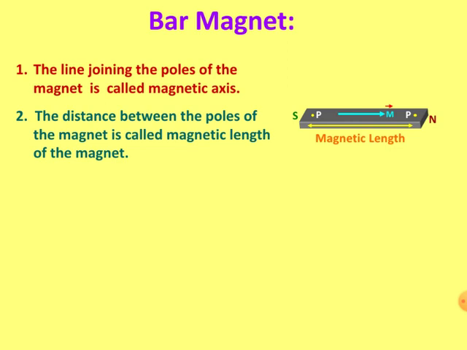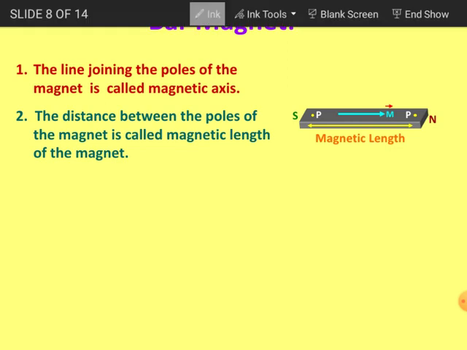Just like that of the circular current loop, your bar magnet also has its own strength, and we call that strength of the bar magnet the dipole moment, denoted by capital M. Your pole strength is denoted by small m. That pole strength will be here at each pole, one here and another at this pole.